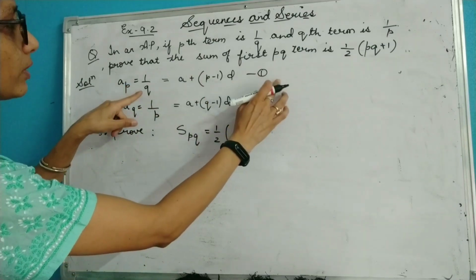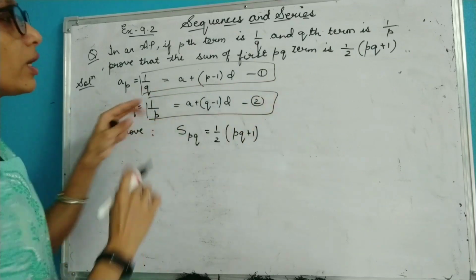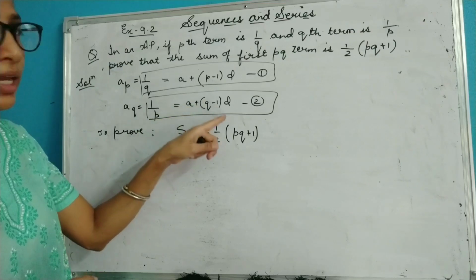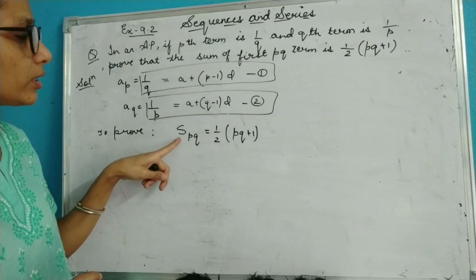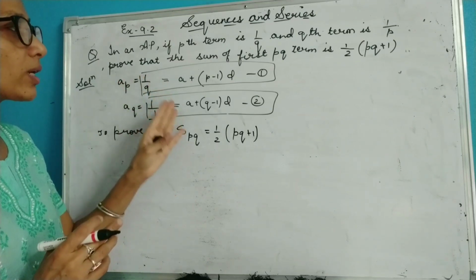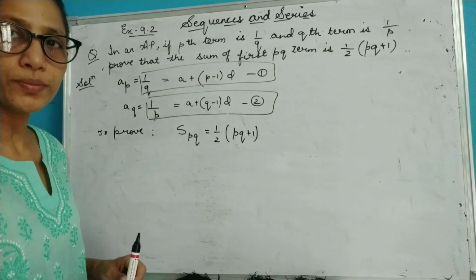I can solve these equations 1 and 2 to get the value of a and d. After getting the value of a and d, I will be putting it in the formula for sum of PQ terms. Let's quickly find out the values of a and d from equation 1 and 2.